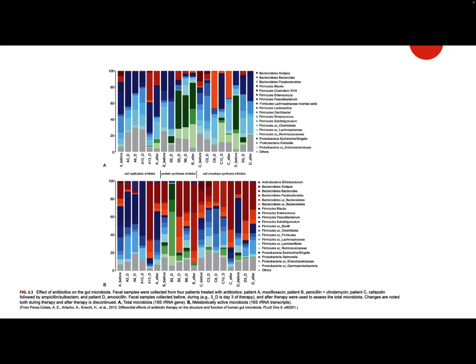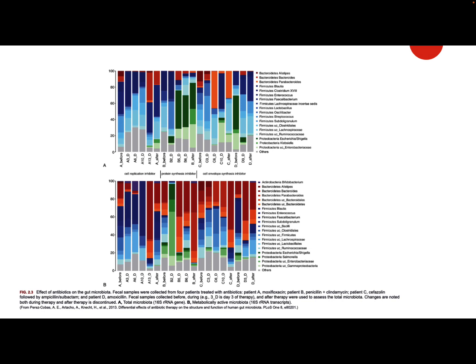We'll just look at the top part. The bottom is very, very similar. So this is what the gut microbiome of the patient looked like before antibiotics. And really just what I want to highlight is that when you see the changes in the colors, that means the microbiome has changed. So in all of these patients, we see a change in the microbiome.